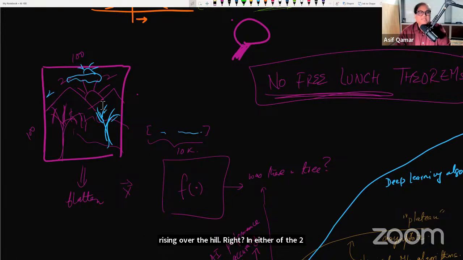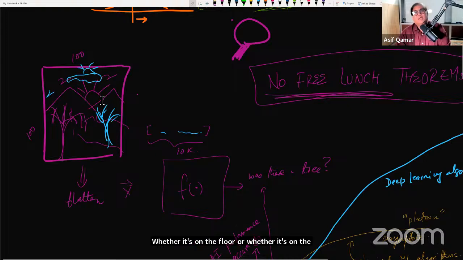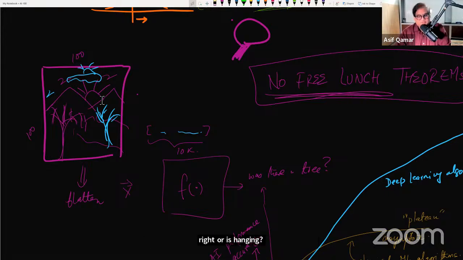So we need a device that knows the structure of the sun, and will recognize the sun anywhere in the picture. Or will recognize a cat, whether it's on the table, on the floor, or on the windowsill. Whether the cat is turned left or right, or is hanging or jumping, a cat is a cat. It should recognize that.